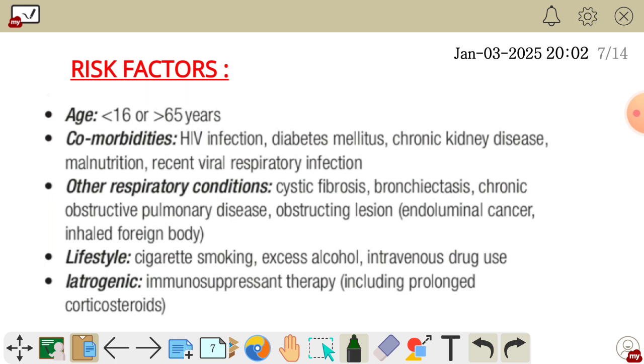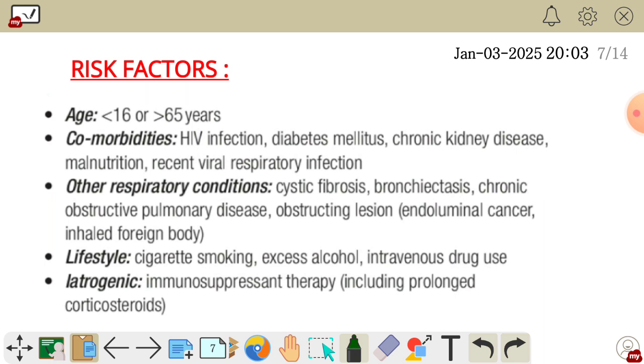Then we also have other respiratory conditions such as cystic fibrosis, bronchiectasis, chronic obstructive pulmonary disease, COPD. Okay, and then we also have obstructing lesions such as endoluminal cancer and inhaled foreign bodies. So those who have these conditions will have a risk for having pneumonia.